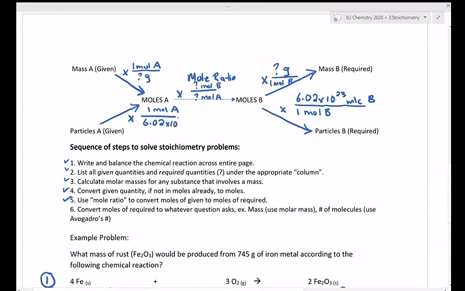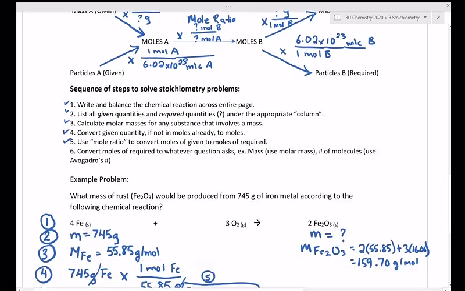So 6.02 times 10 to the 23. I'm going to put molecules again, but again, doesn't matter, of A. So molar mass, we've done before. So there's the 2 places you can use it. Avogadro's number, done it before. This is your new one that lets you hop from one substance to another.